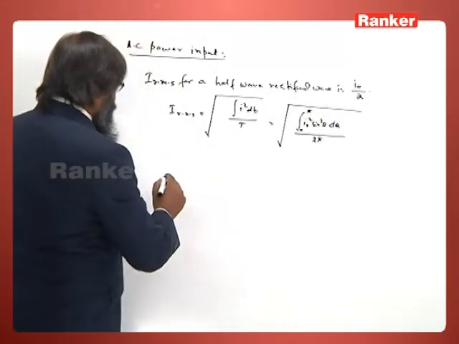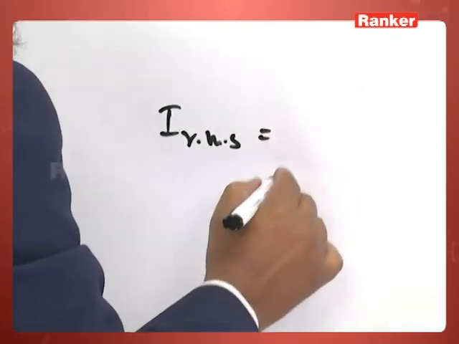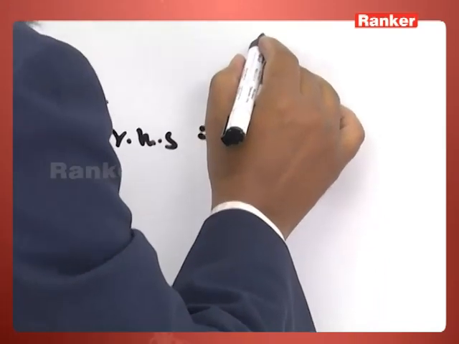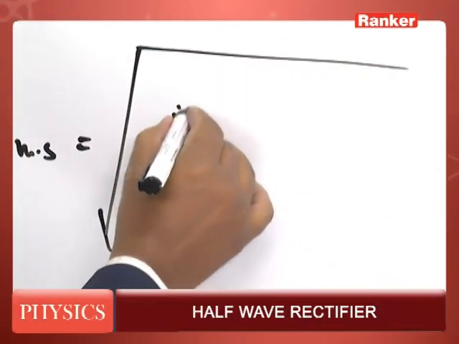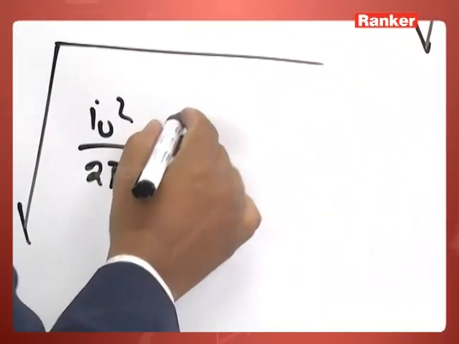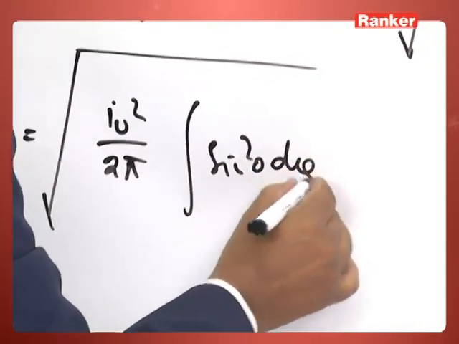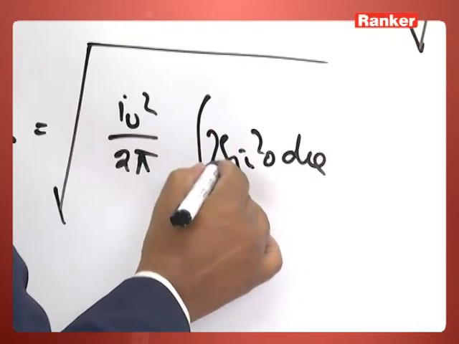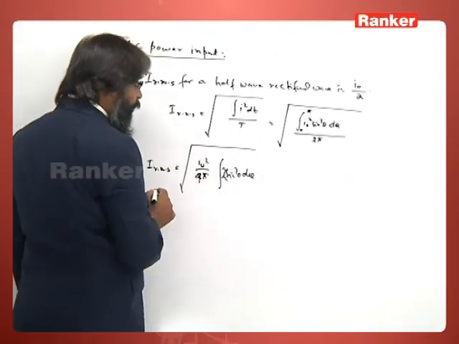Now you see here, IRMS is equal to root over I naught square by 2 pi, then the integration of sin square theta d theta. So what we do, we take 2 here, so we will again take 2 here, so it will become 4.